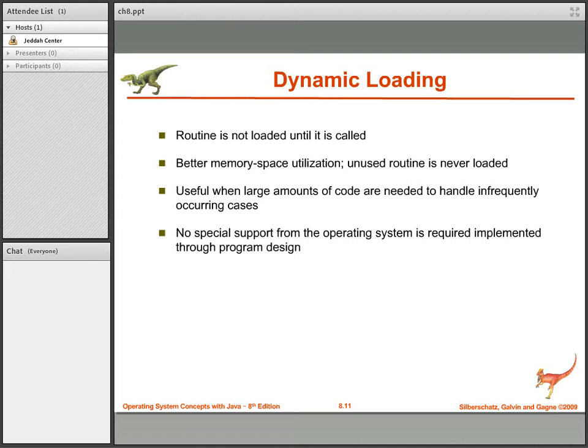Support from the operating system is not required in such a case. The arrangement of this procedure happens through the design of your program.